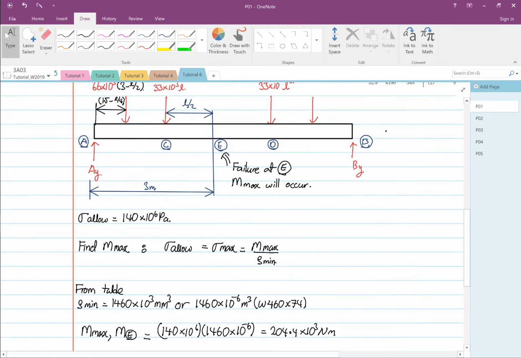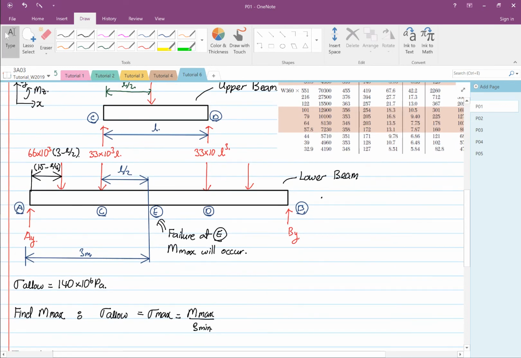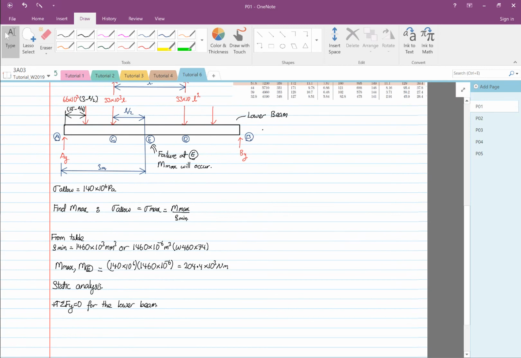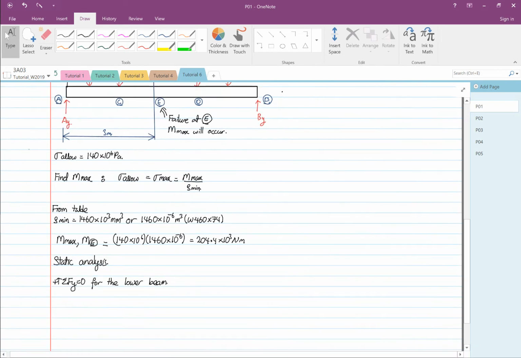I'm going to call this the lower beam and this the upper beam. So we're going to analyze the lower beam. Positive is going up, which we already wrote.